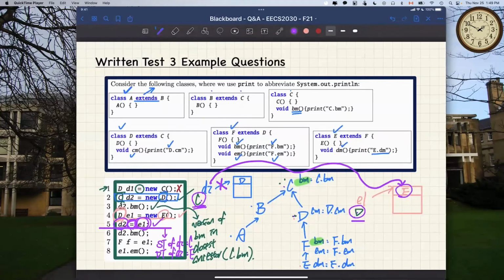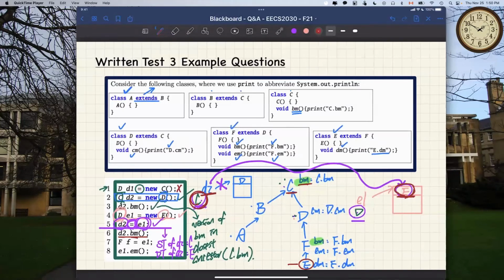Let's now talk about this line here. When we say D2.BM, D2 is now pointing to this object over here. Dynamically, it's E. Would this compile? Statically, D2 is C. Does C contain the method BM? It does, so it will compile. But which version is going to be called? In this case, D2.BM, what's the dynamic type? The dynamic type is E. Does E itself have BM?